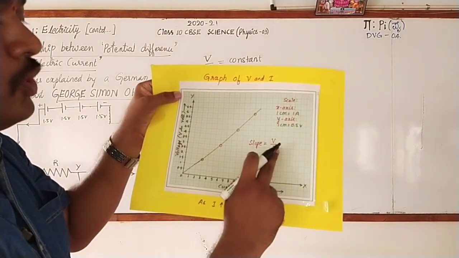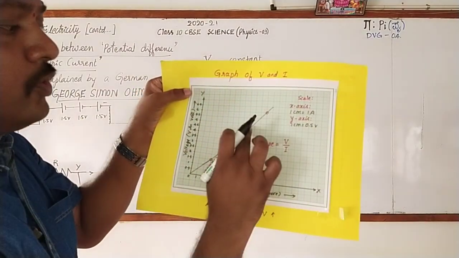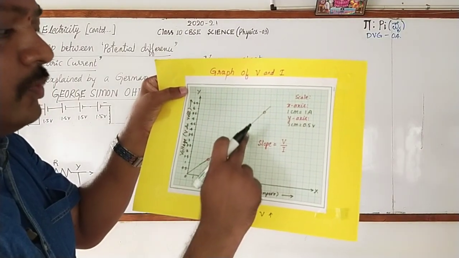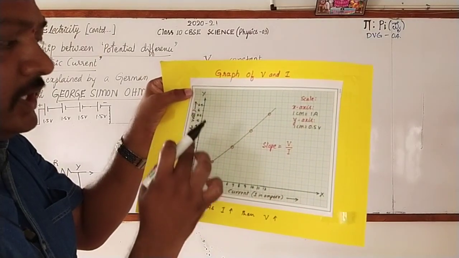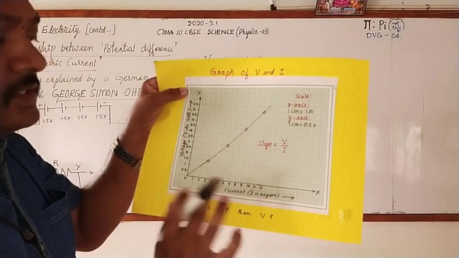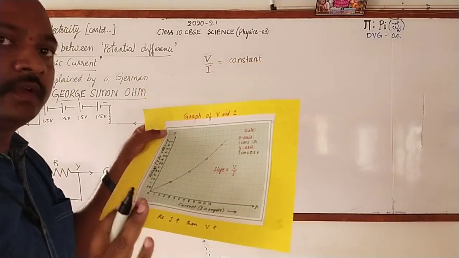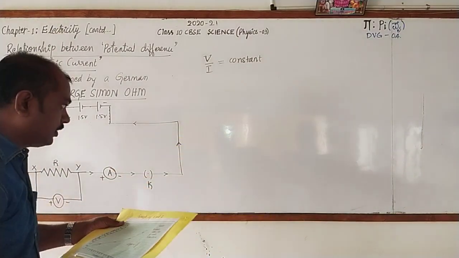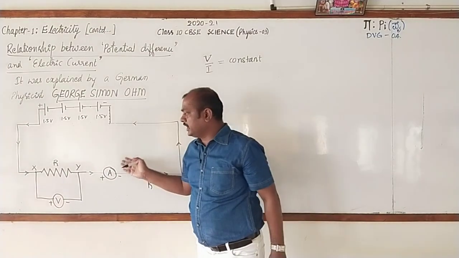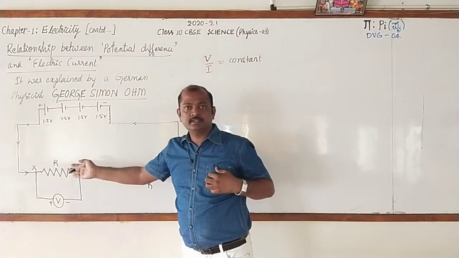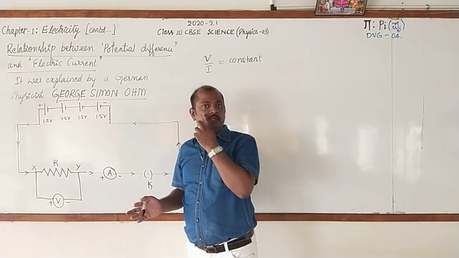Here I have written slope. What does it mean? Slope is the ratio of vertical distance to horizontal distance. Vertical distance is voltage and the horizontal distance is current. Clear? So now we have come to know that as the current increases, voltage also increases.